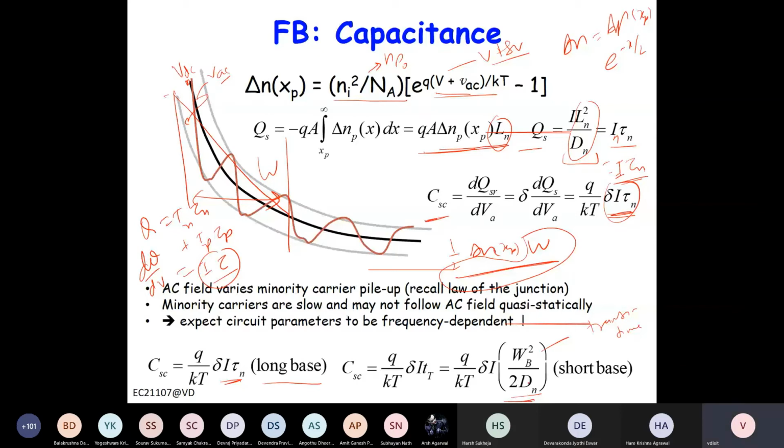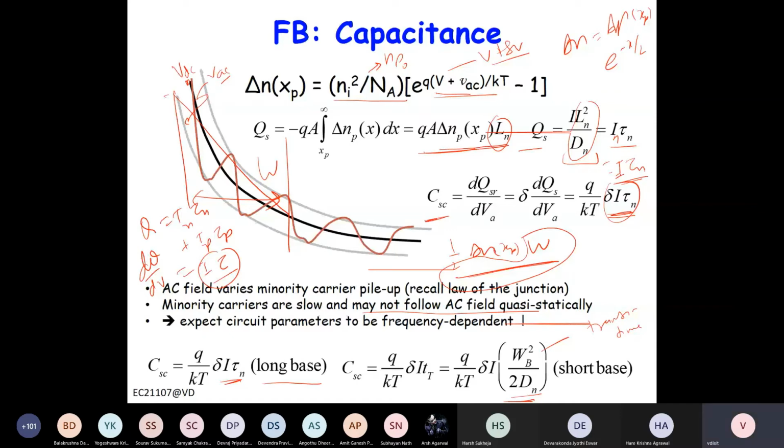Now if you notice here, for different frequency, the response will be slightly different, because these minority carriers are slower to respond. So if your frequency is low, these carriers will have enough time to respond, so not an issue. But if your frequency is higher, now these carriers cannot respond so fast.